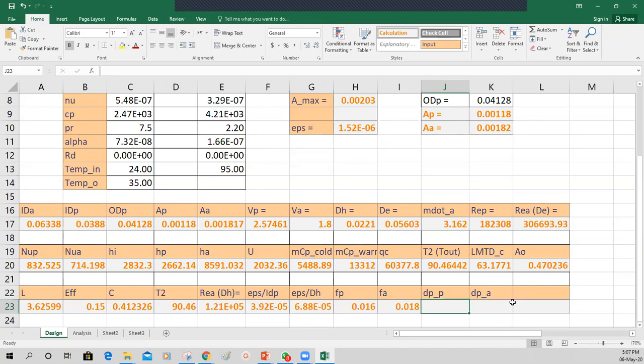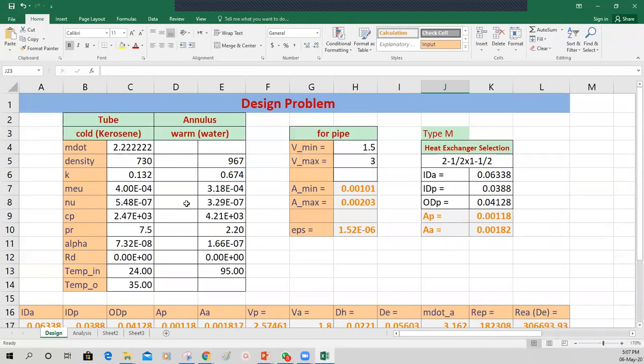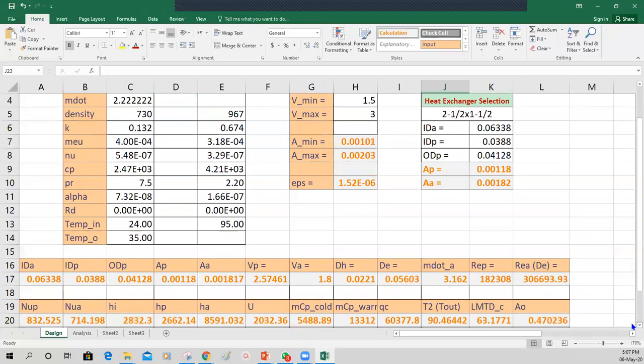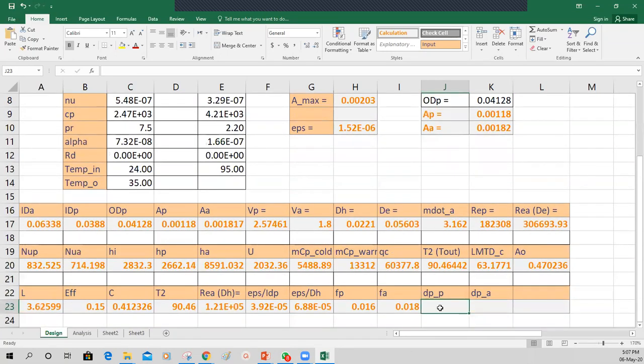Doctor, what's the density of the kerosene? It's 730. It will be 3.6 kilopascal for the pipe side. I'm writing everything in standard units.